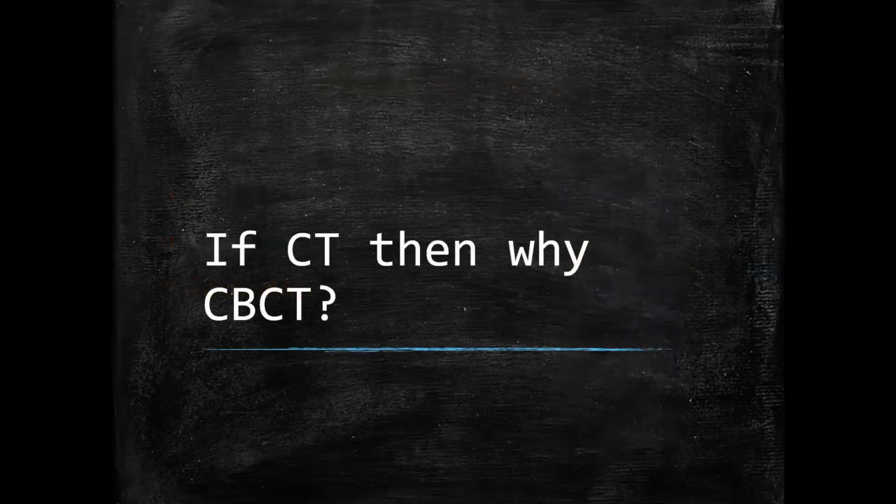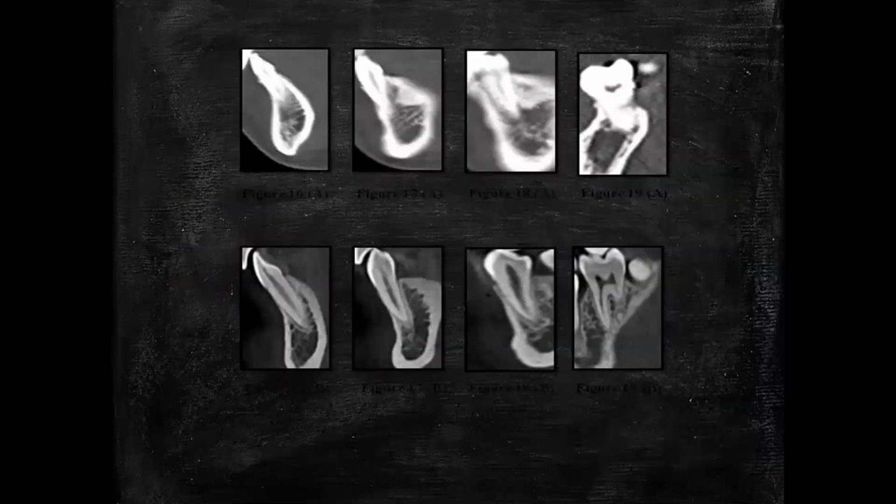Now another big question is, all these things are fine, but we already had the technology in CT scan, so why is CBCT so widely used in dental practice? The answer is, the images above are from a CT scan and the images below are from CBCT.